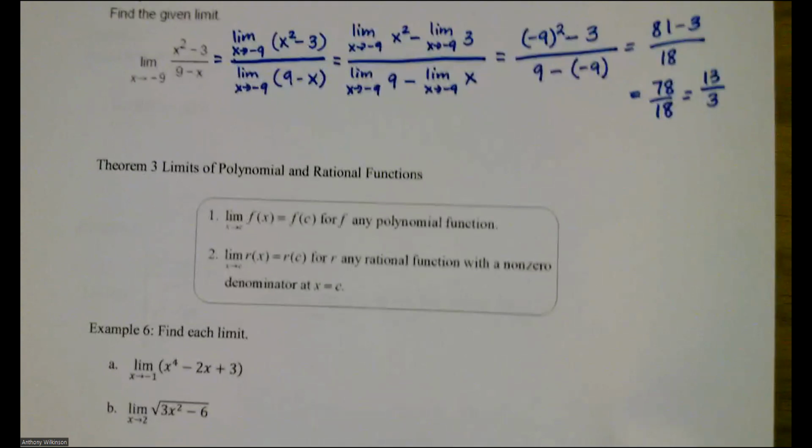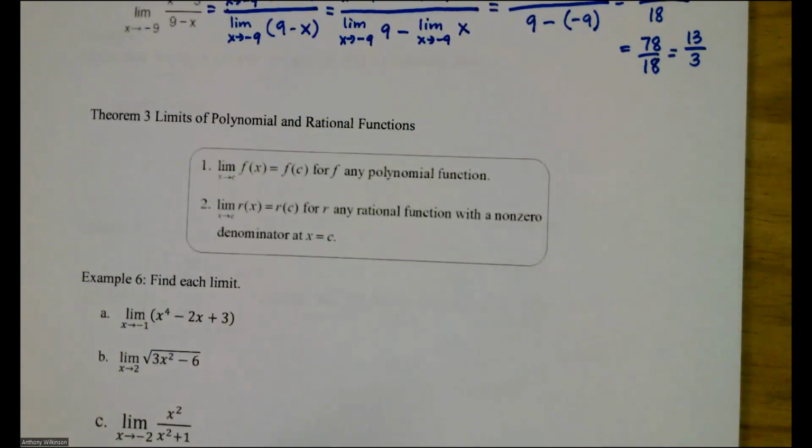Okay. Now, theorem number 3 is this. Limits of polynomial and rational functions here. If I have the limit as x approaches some constant c of f of x, that would just be equal to f of c.